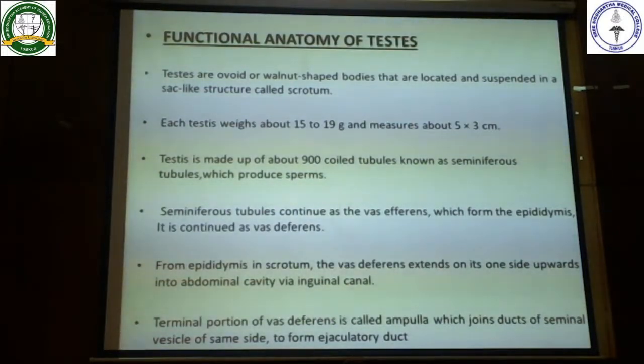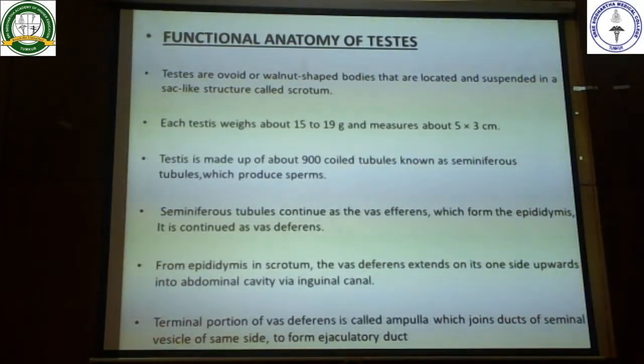Okay, now moving ahead to the functional anatomy of the testis. The testis is an ovoid or walnut-shaped body, located and suspended in a sac-like structure called the scrotum. So the scrotum is the external genitalia, and inside it you have the internal genitalia of the male, that is the testis.